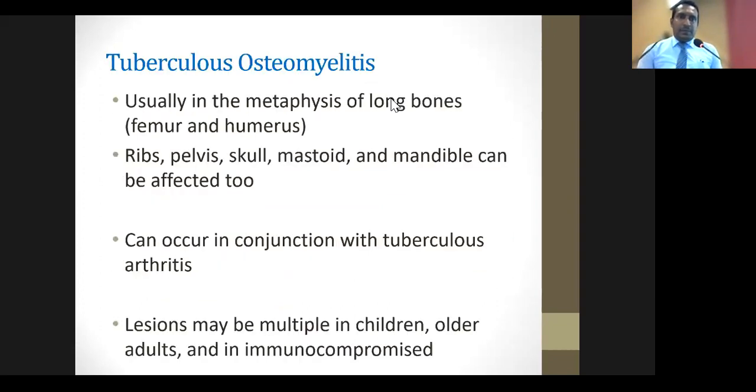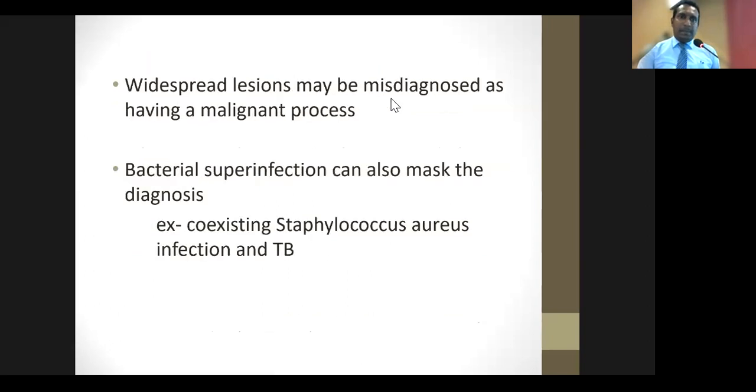So we move to tuberculous osteomyelitis, usually in the metaphysis of long bones, femur and humerus, but can be seen in ribs, pelvis, skull, and mastoid and mandible too. Can occur in conjunction with tuberculous arthritis. When the lesions are multiple, we have to suspect an immunocompromised state too.